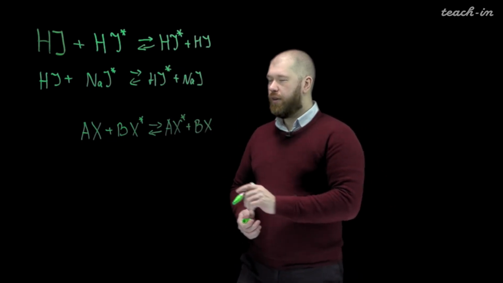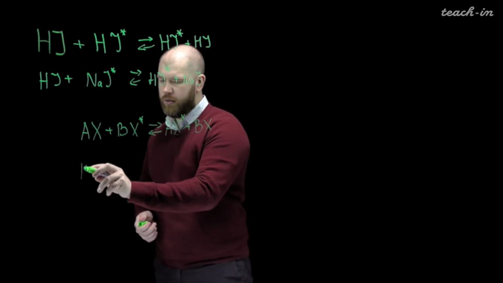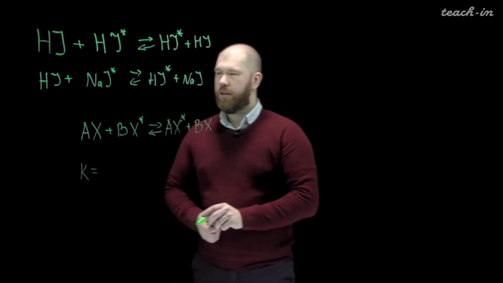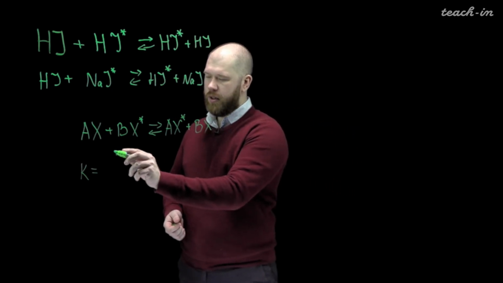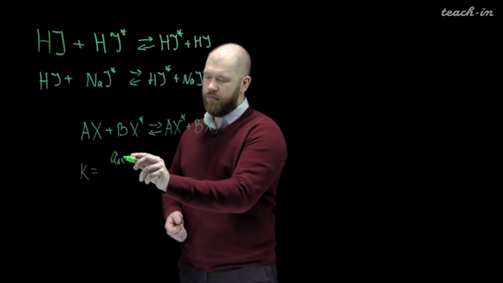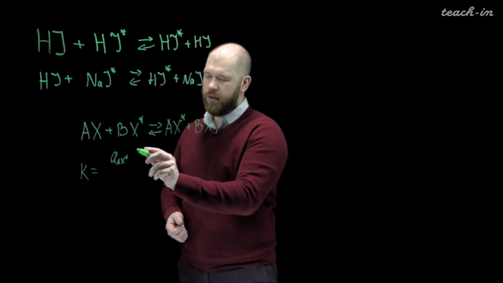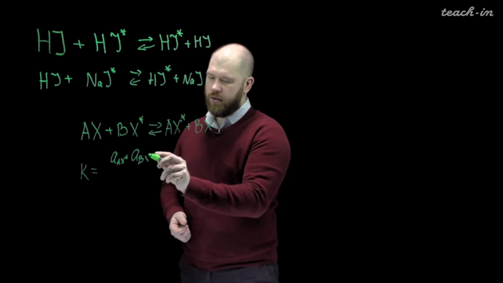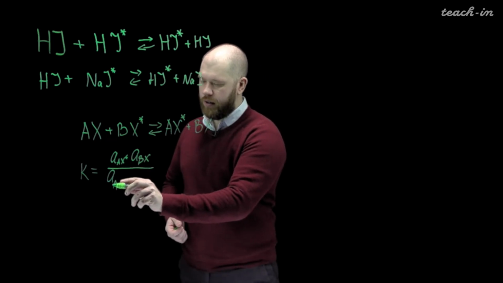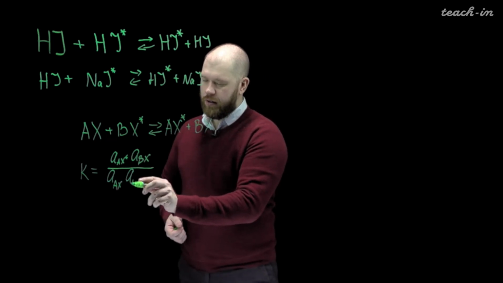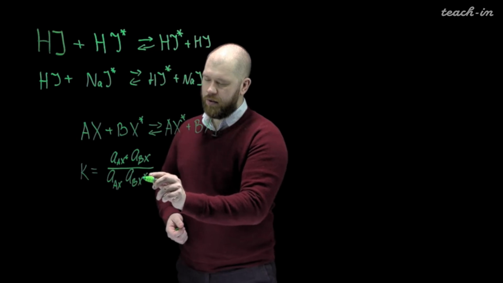So we can write the constant, thermodynamic constant for this reaction as usual. So it will be activity of our AX labeled, activity BX divided by activity AX and activity BX labeled.